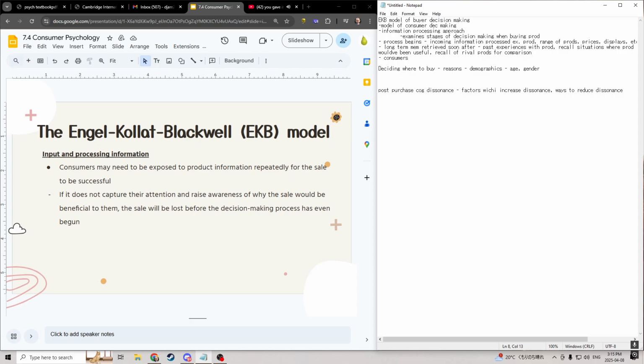Consumers may need to be exposed to product information repeatedly for the sale to be successful. If it does not capture their attention and raise awareness of why the sale would be beneficial to them, the sale will be lost before the decision-making process has even begun. Alrighty.